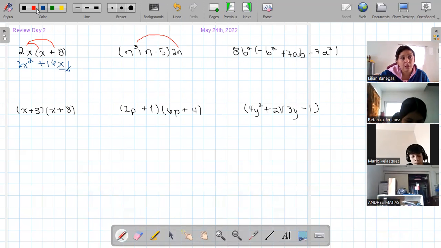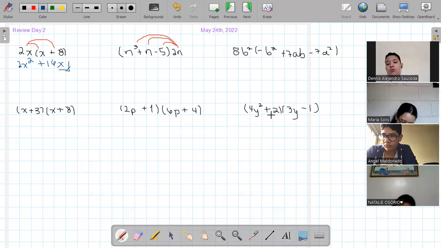Easy peasy, right? Now, the second one, like I told you, we're going to multiply the monomial that's at the right times everything inside the parentheses, starting from the left one, the middle one, and then the last one, okay? It's exactly the same thing. So how much is n cubed times 2n? 2n to the fourth power.